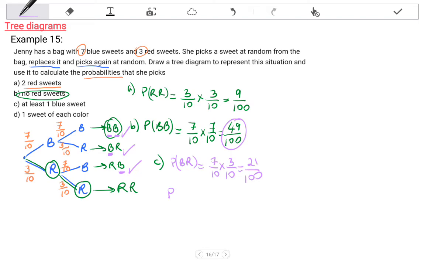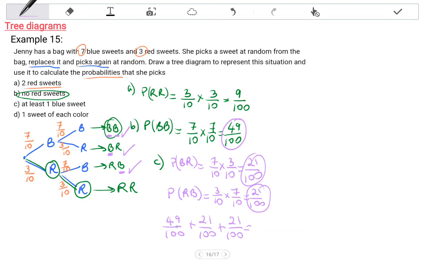And let's calculate the probability of red and blue. It's 3/10 times 7/10, which is 21/100. Okay, as I said, these are the desired outcomes. I'm going to add them to have the final answer. When you add those three values, you'll reach 91/100.